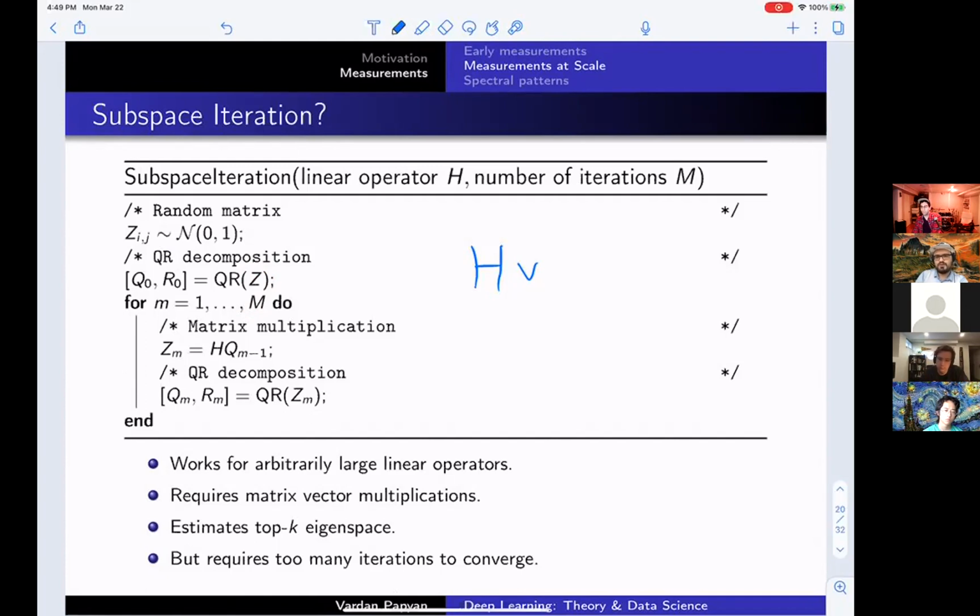And R contains the coefficients from the Gram-Schmidt process. The coefficients are essentially a triangular matrix because each vector is being represented as a function of the previous vectors. You remember the way Gram-Schmidt works is that every iteration you take a vector and you project away from this vector all the previous vectors, right? What does it mean to project away? It means that your current vector can be represented.